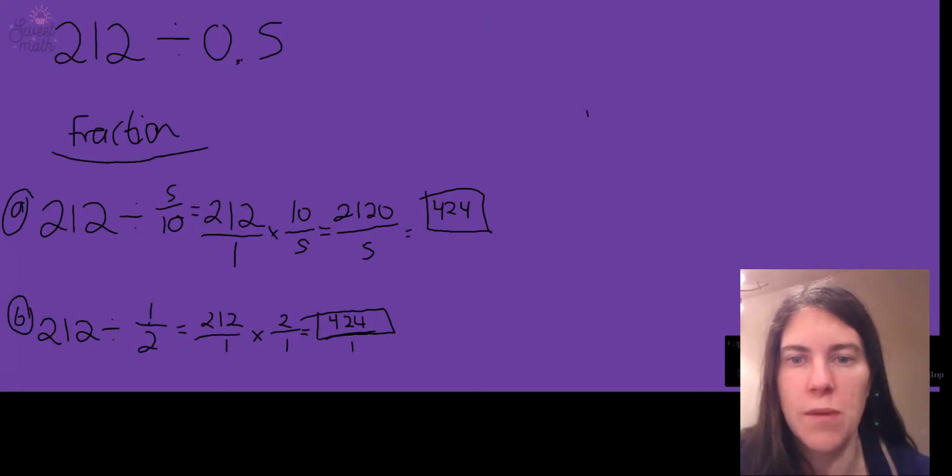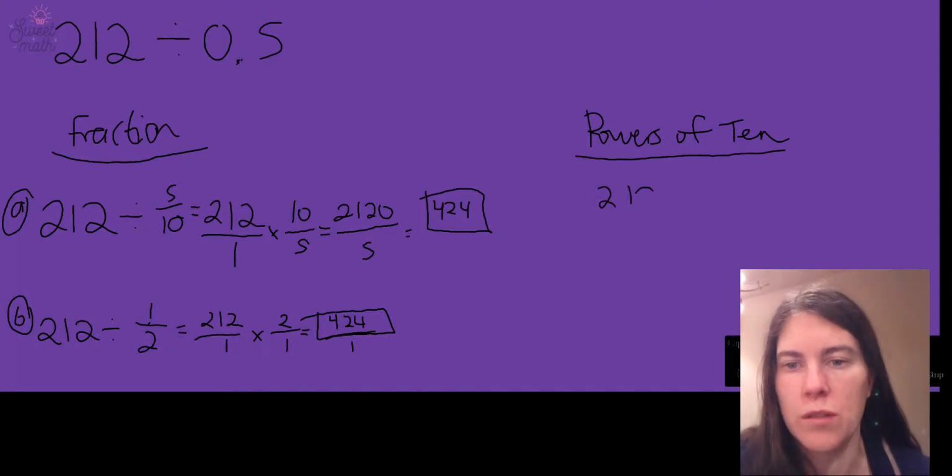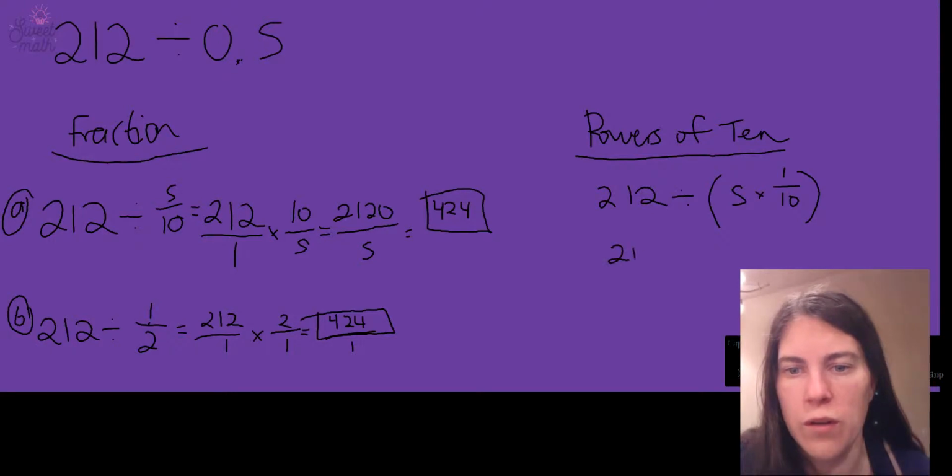See if I can do a powers of 10 way. Powers of 10 way. Well, 212 divided by, and this is really 5 times 1/10, or I could write it as a decimal, 5 times 0.1.